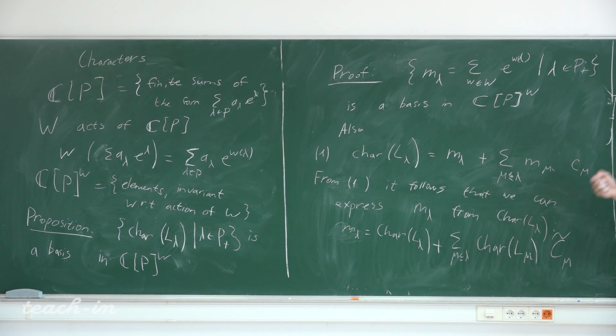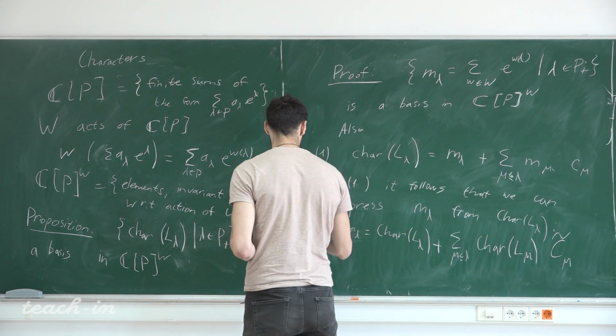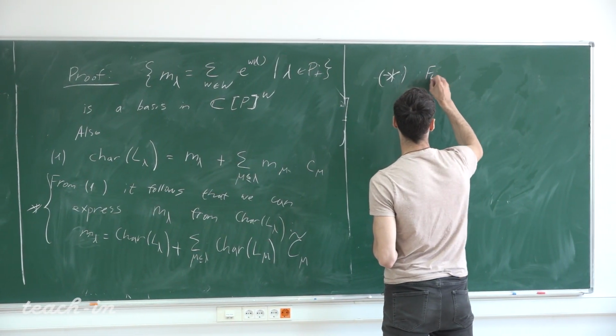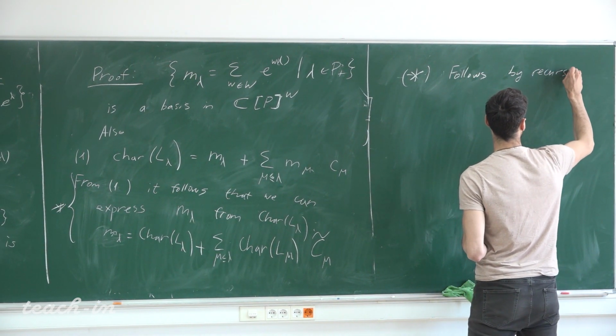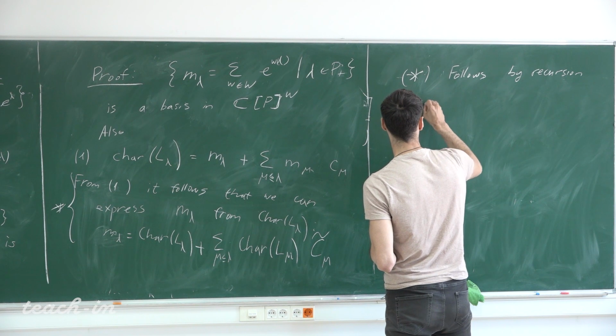So to start this process and to express all characters of L lambda, you just need to check the base. So this claim, let's call it star, follows by recursion, and we need to check the base.